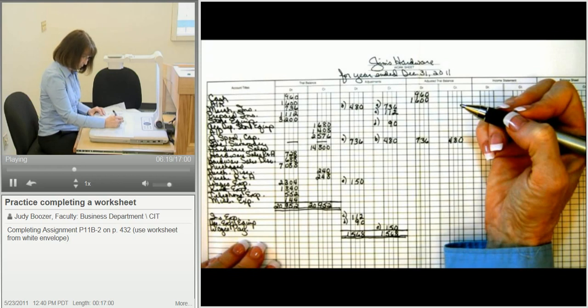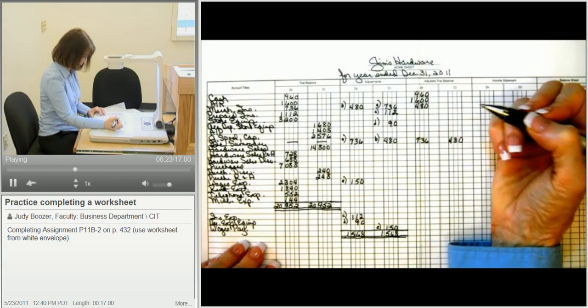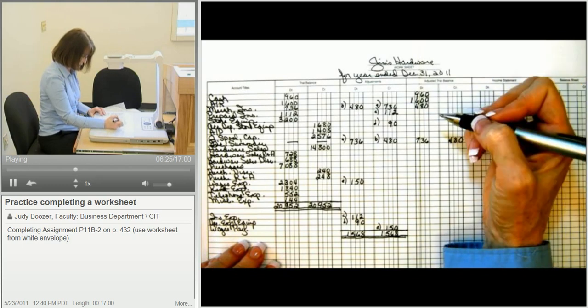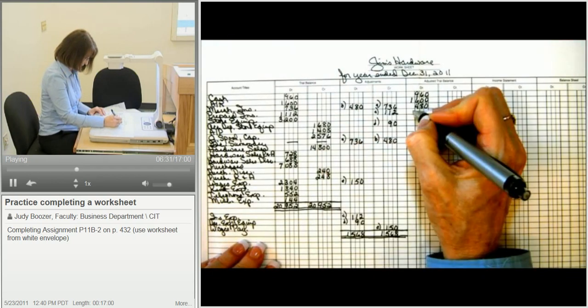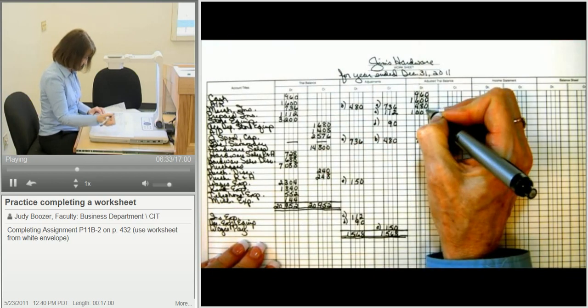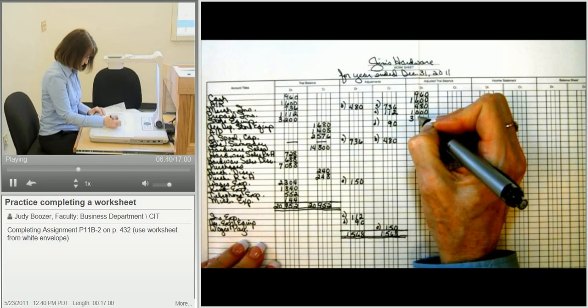Good. We got rid of the beginning, and now we're bringing forward only the ending inventory. How about for prepaid insurance? A debit and a credit, $1,000. How about for store equipment? $3,200, just the amount we started with.